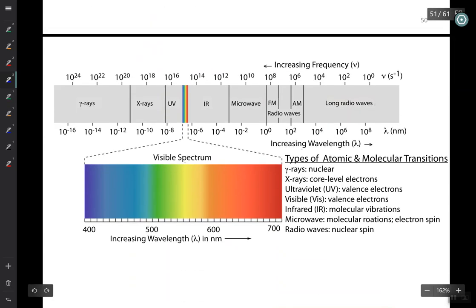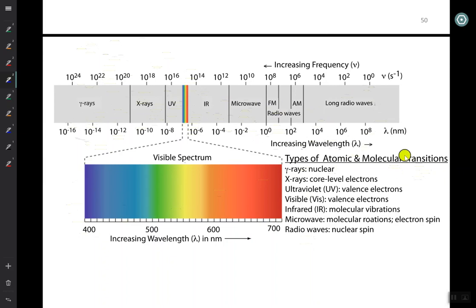So this is the electromagnetic spectrum. On the far left here, you have very high energy radiation, the gamma rays, X-rays, and then UV. This is the visible range, and then you've got the IR. These are now the long wavelengths. IR, microwave, radio waves, long waves.